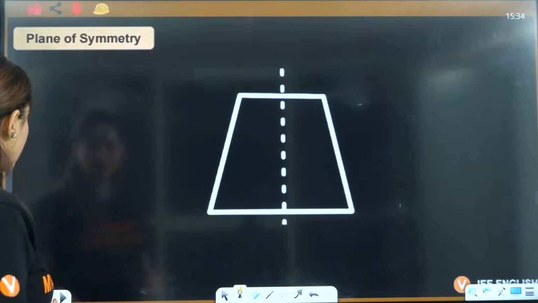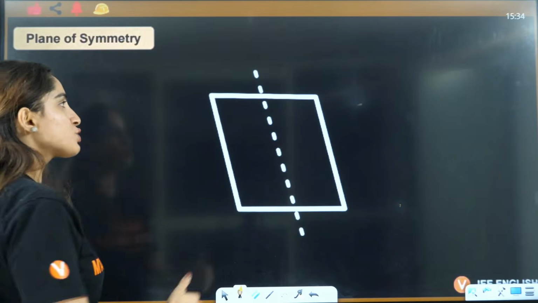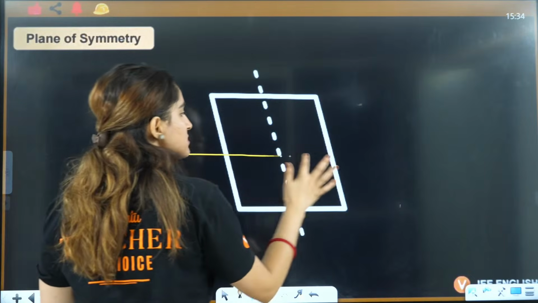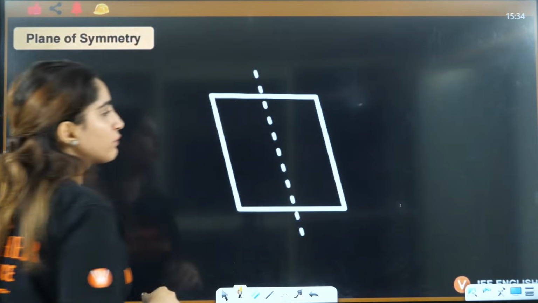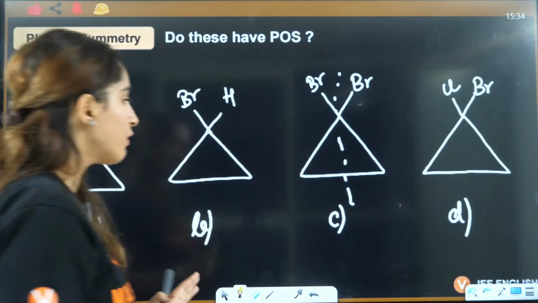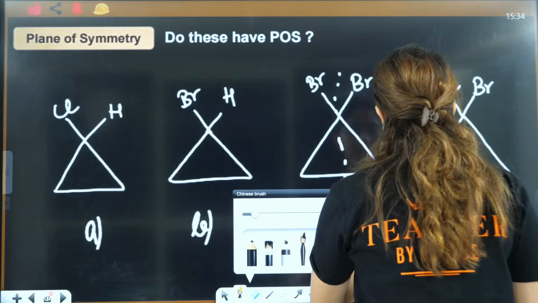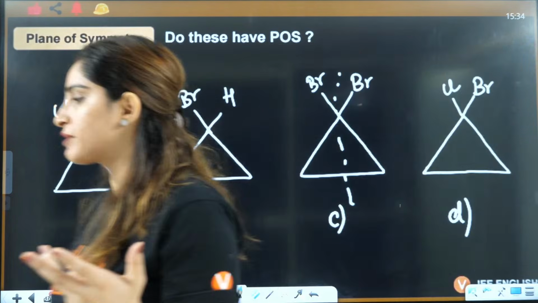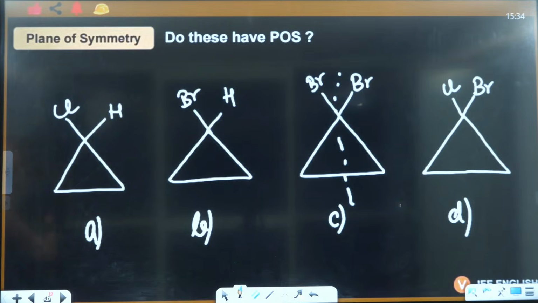These are some general simple things. Here also you can pass a plane like this which can divide it into equal halves. That is your plane of symmetry. Now let's talk about these compounds, where they can ask you which of the following possess a plane of symmetry or not.